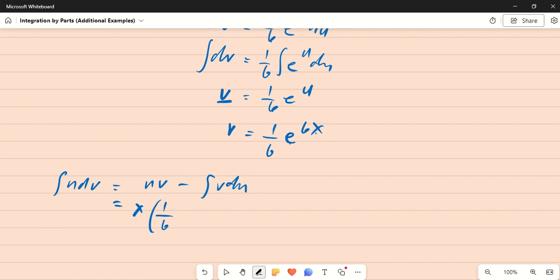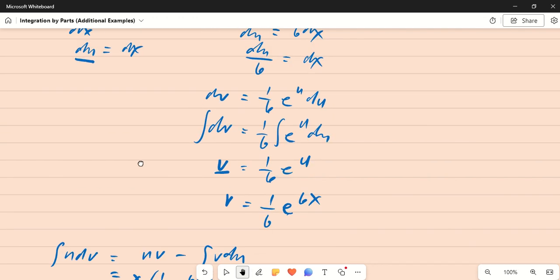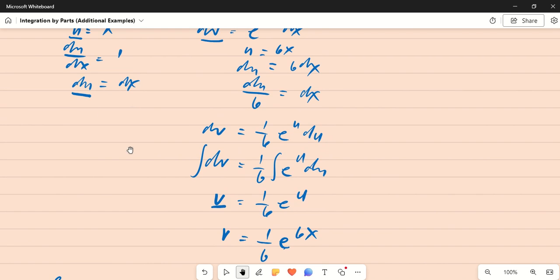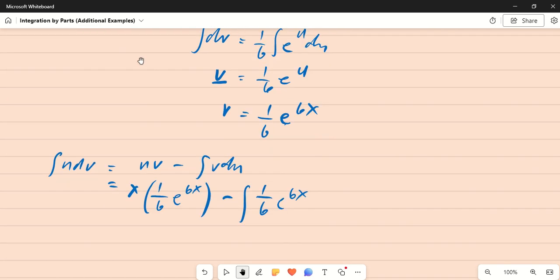So we have it here, e raised to 6x minus the integral of v, again that is 1 over 6 e raised to 6x, and then your du, you can find it here. Your du is equal to your dx. So you write it here, dx.